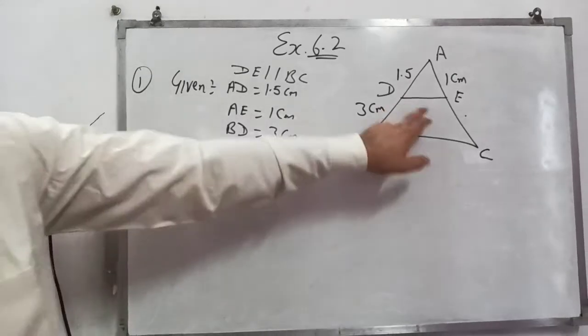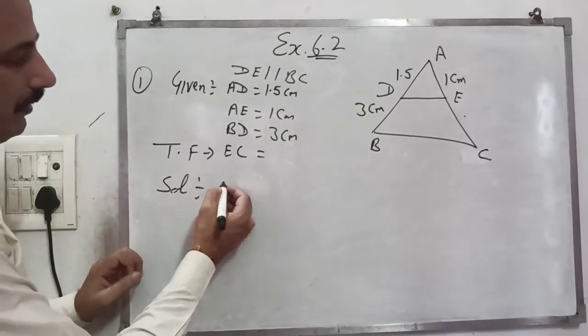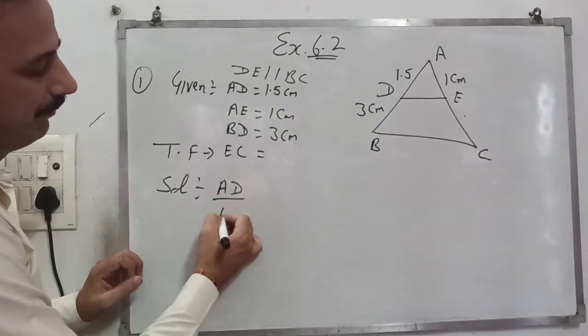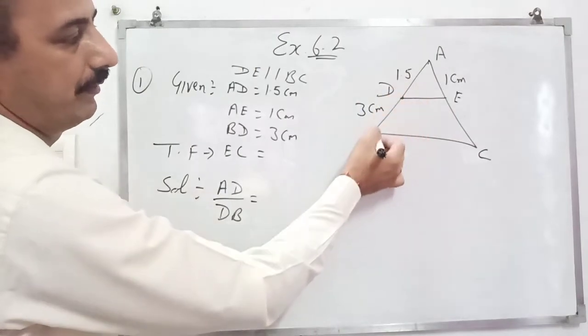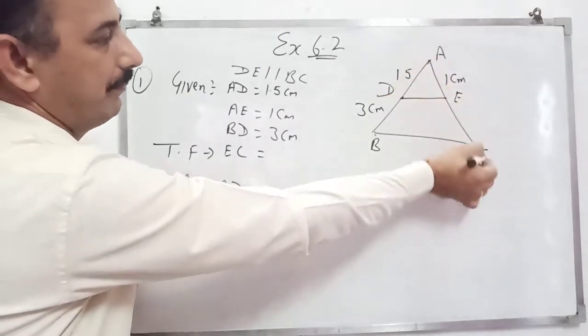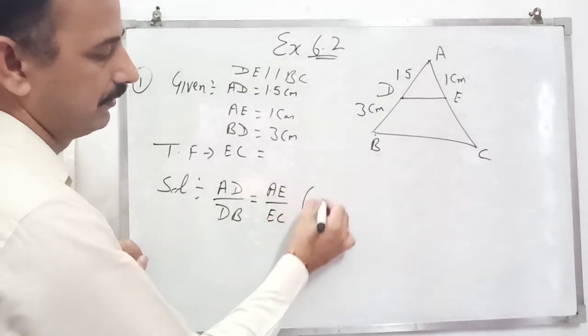If DE is parallel to BC, so by the BPT theorem, AD upon DB equals AE upon EC.